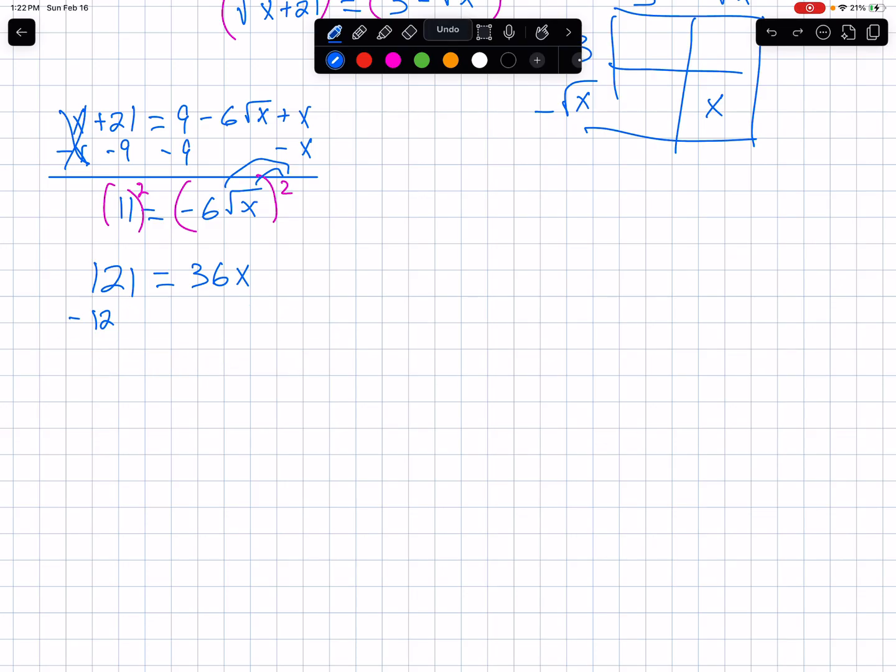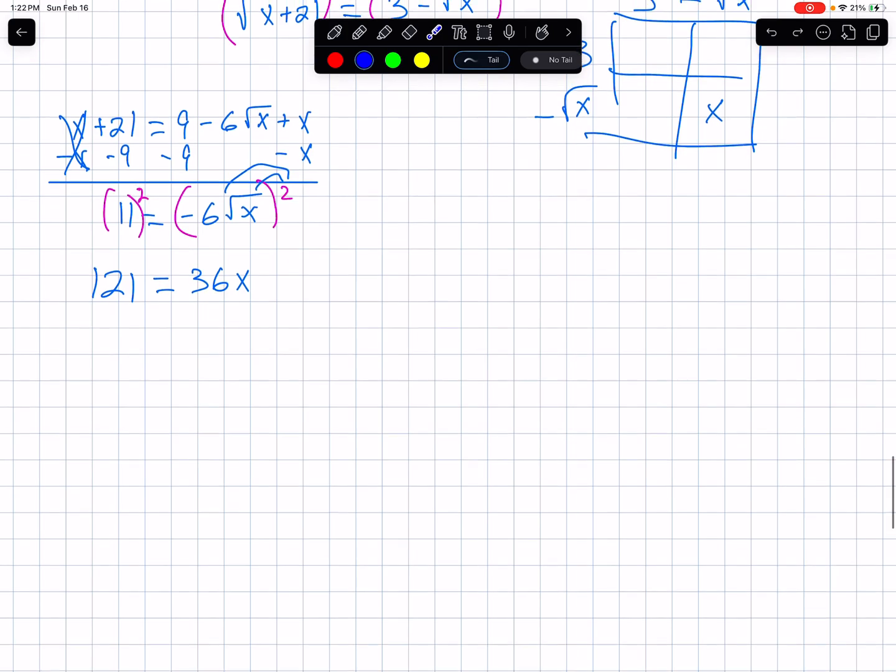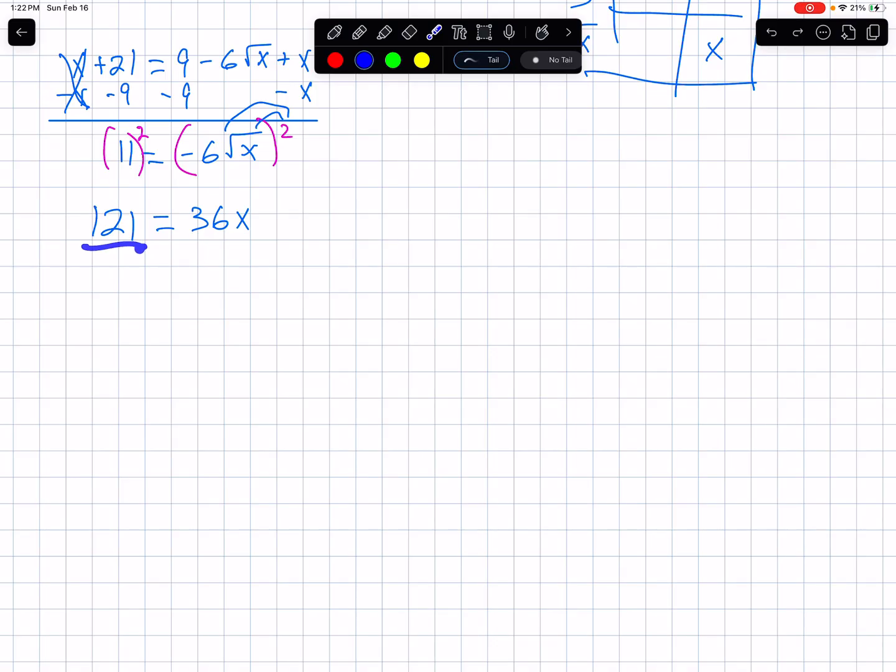The little divisibility rule I was going to tell you is that if you add these three digits, what do you get? 1 plus 2 is 3, plus 1 is 4. So if this were to add up and you get a number that you can divide by 3, that means this number is divisible by 3. So if I add 3 and 6, I get 9. So 36 is divisible by 3. It's just a quick little thing that's kind of cool to know. But it doesn't matter in this problem. I thought it did at first, but it didn't.